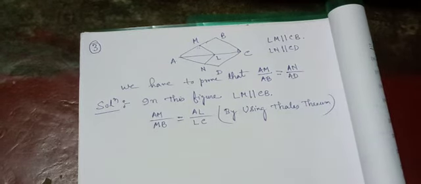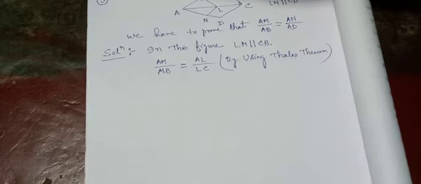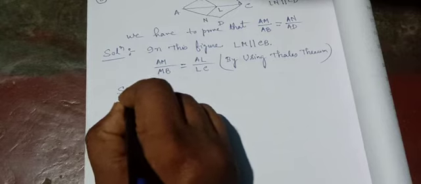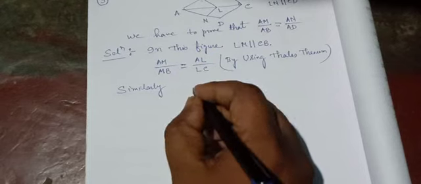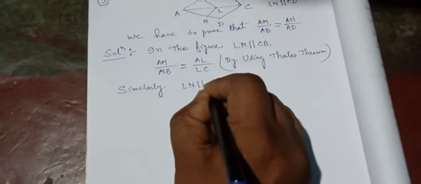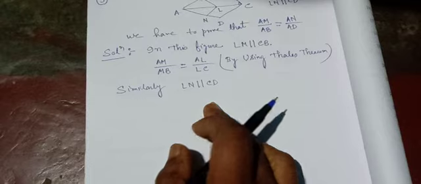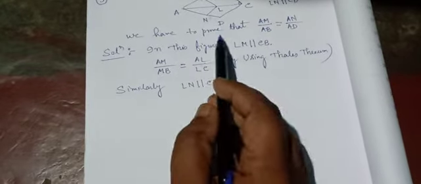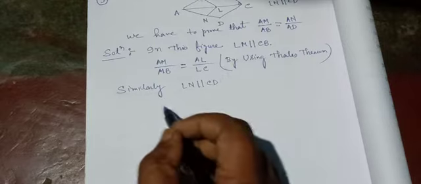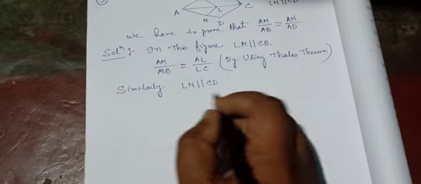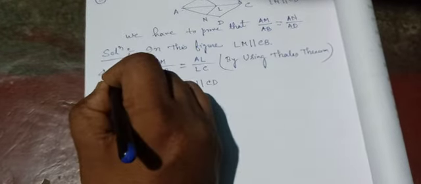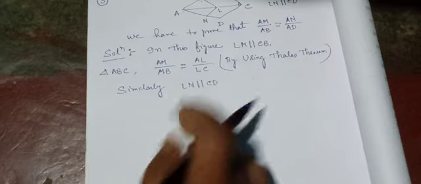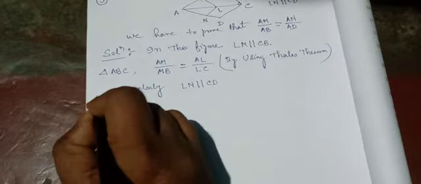We can say that. Similarly, LN is parallel to CD. So from triangle ABC, we can write this.